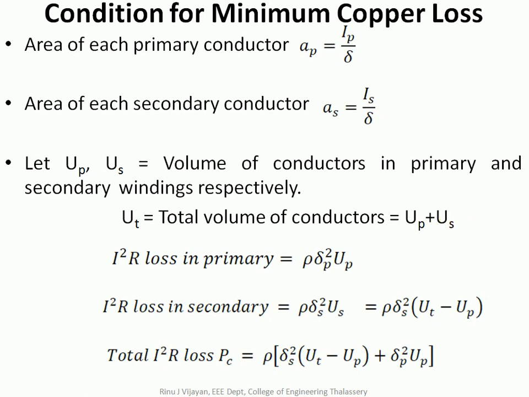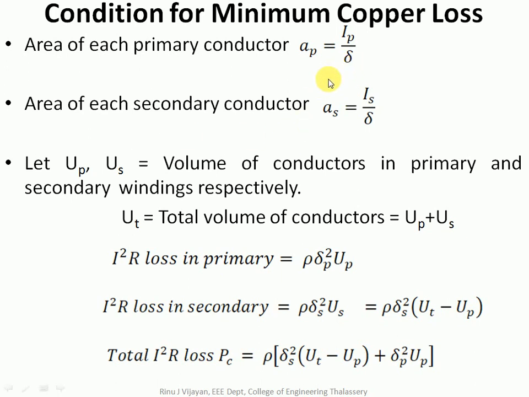The copper loss in the primary side can be written as IP square R. In this relation, this IP can be substituted as del AP.